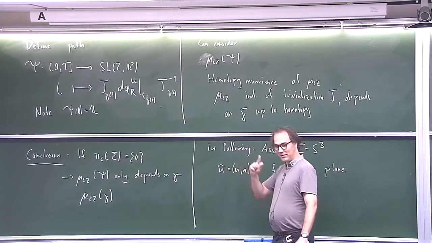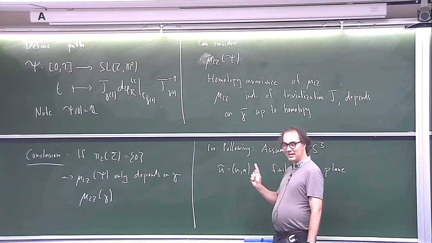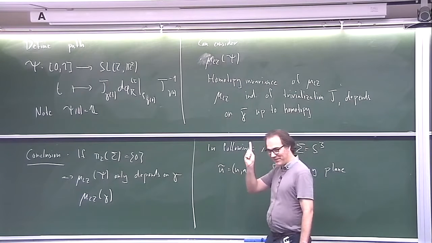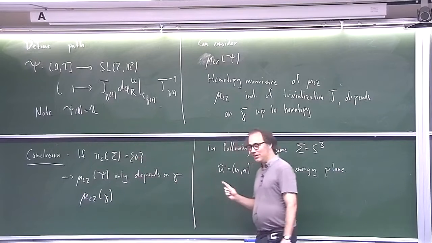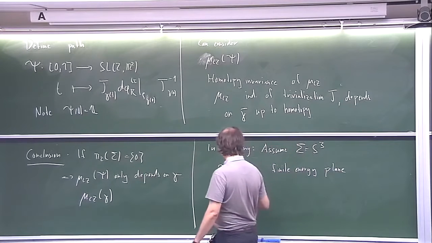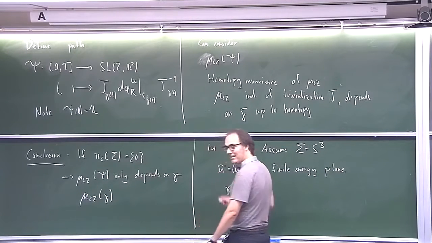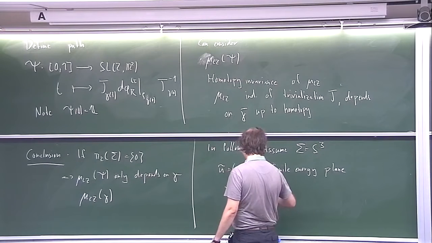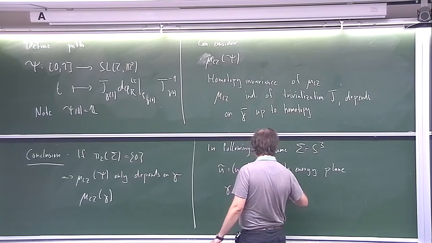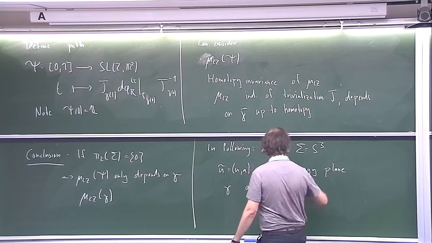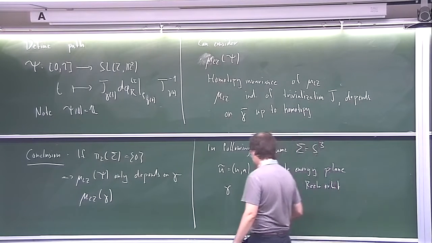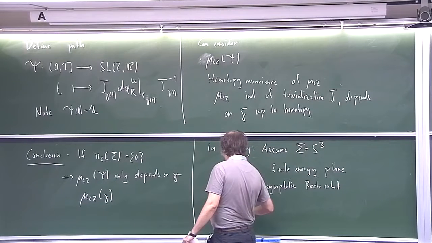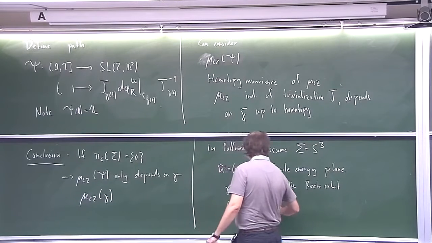There might be several ones, but if it's non-degenerate, then it's uniquely determined. So we have gamma, an asymptotic Reeb orbit, and assume gamma non-degenerate.